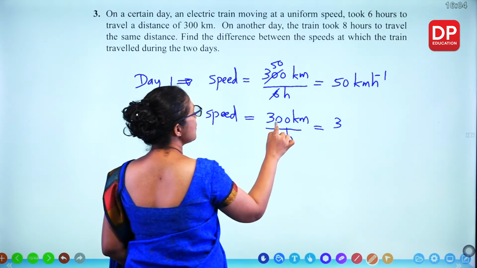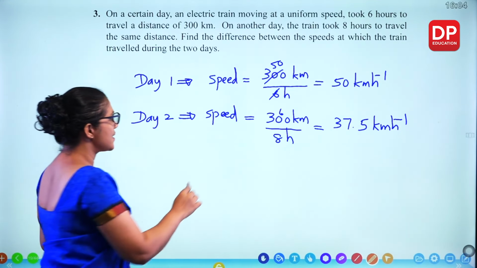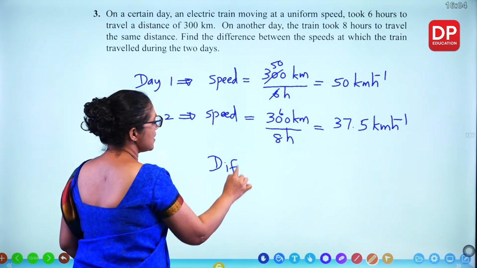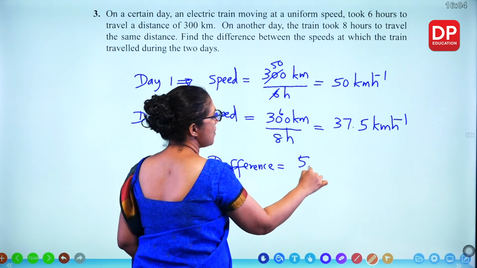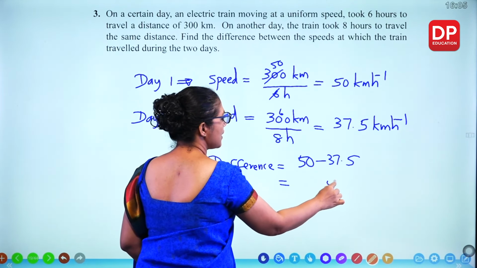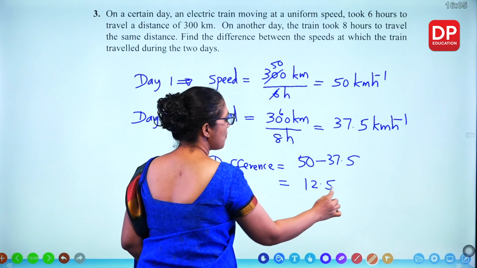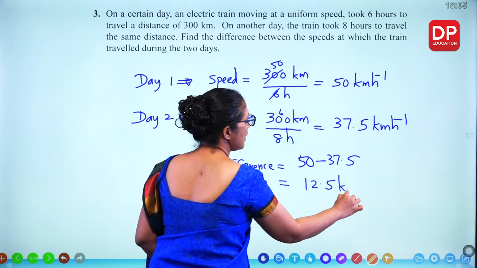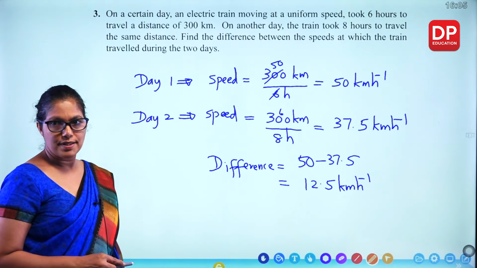For 40, that's 5. So the speed is 37.5. Now they're asking what's the difference between the speeds. So difference is, you subtract 50 minus 37.5. So you get 12.5 kilometers per hour is the difference.